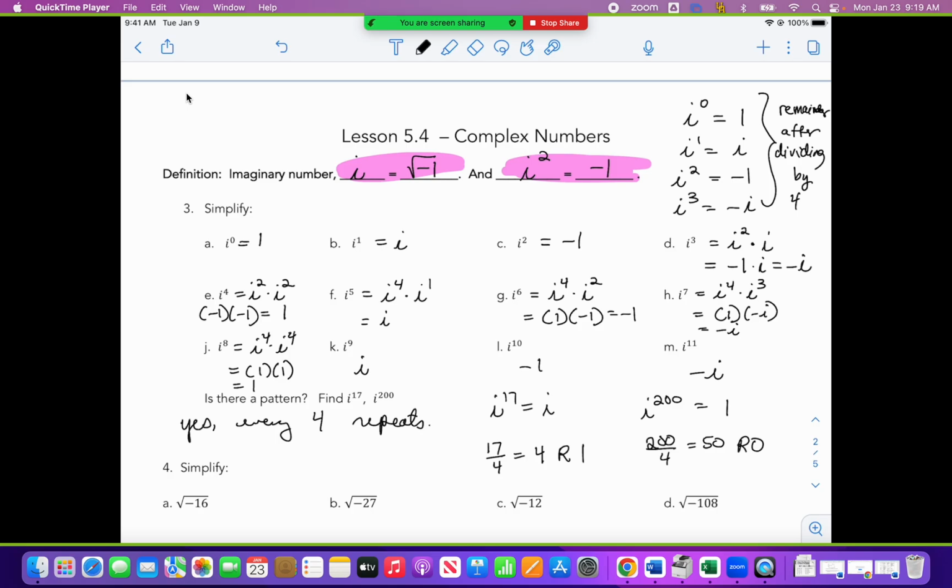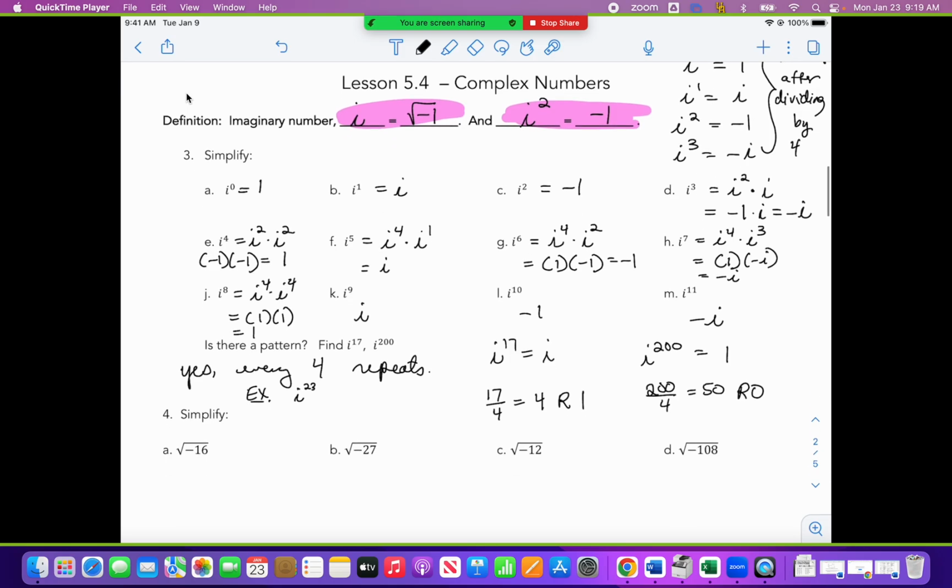All right, let's do another one because I'm seeing some very confused looks. Let's do I to the 23rd power. Let me say it a different way since I've got so many confused looks. What is the highest multiple of 4 in here? 20, right?